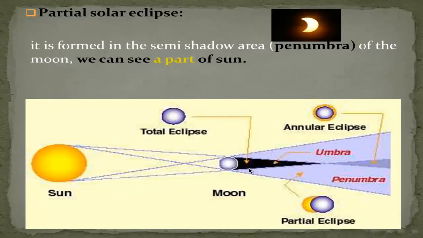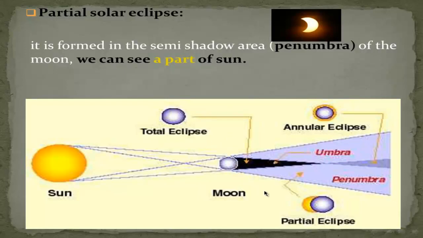Types of solar eclipse happen due to the rotation of the moon around Earth and Earth around the sun. So the moon will move. At the first type, total solar eclipse, it lies in the umbra shadow.